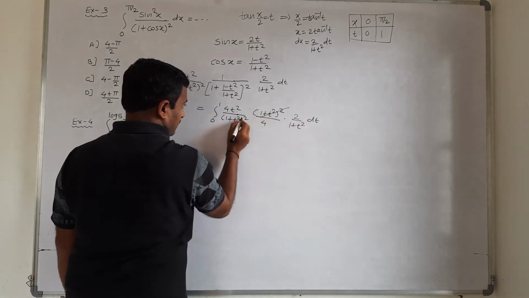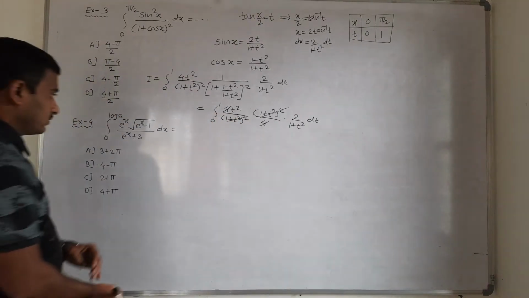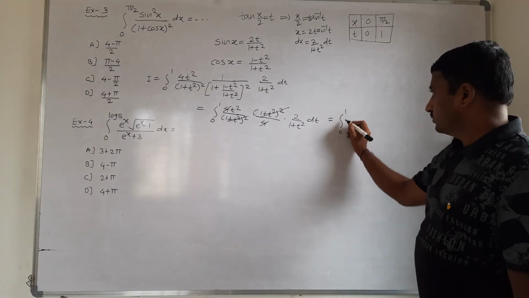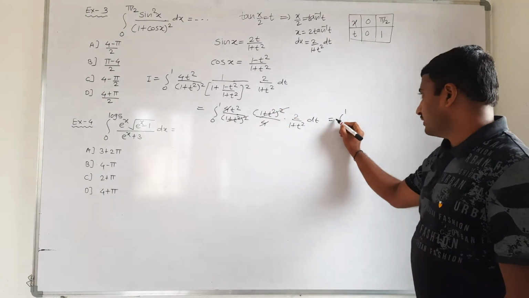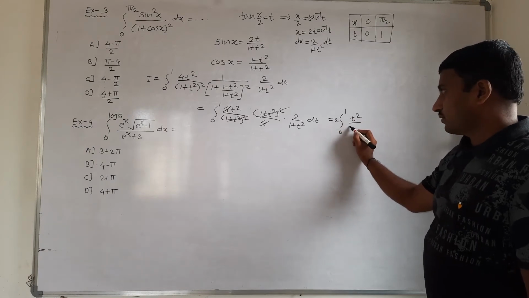Now simplification: this cancels, 4 cancels, just 2 remaining, so it is the integral from 0 to 1 of 2t square upon 1 plus t square, that is 2 out, t square upon 1 plus t square.